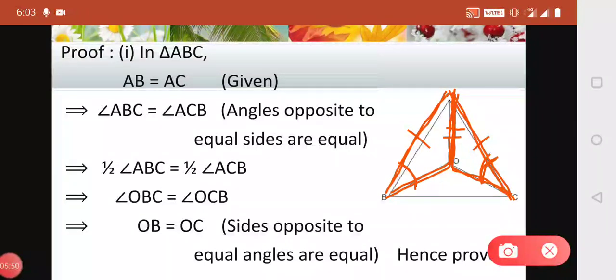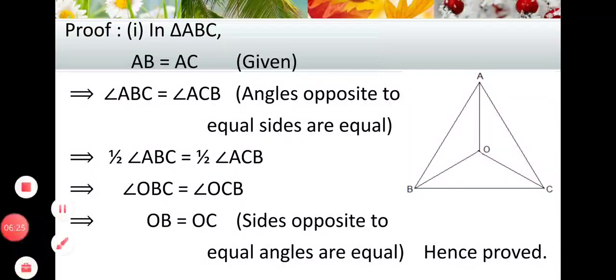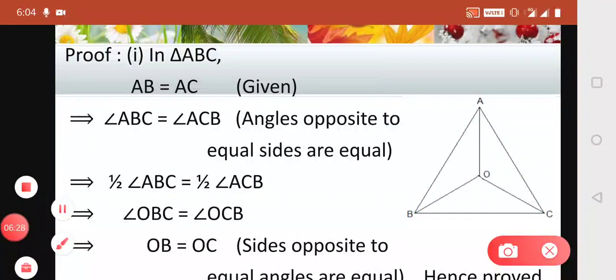After proving the congruency of the triangles, we will get by CPCT, angle BAO equal to angle CAO. These two angles will be equal by CPCT when we prove the congruency of these two triangles.